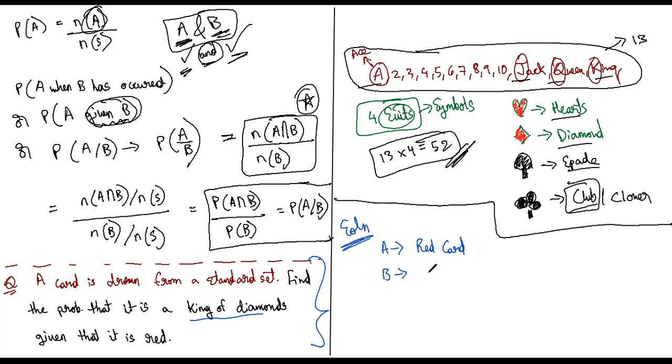King of diamond. It is a king of diamond. हाँ, ये स्टेप इंपॉर्टेंट है. पहले आप लोगों को theory पता होना चाहिए. After that you should write events properly. And after writing events properly, probability language में लिखना है. What is the probability you want?